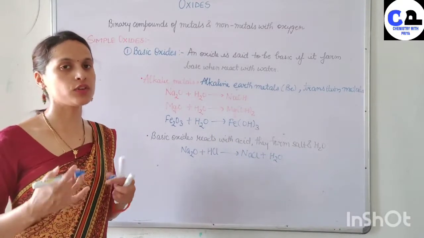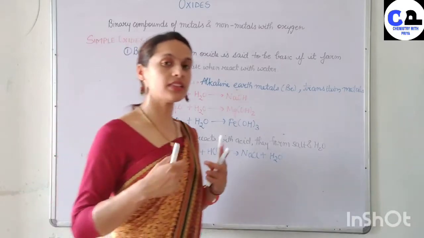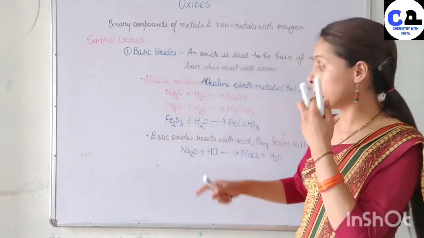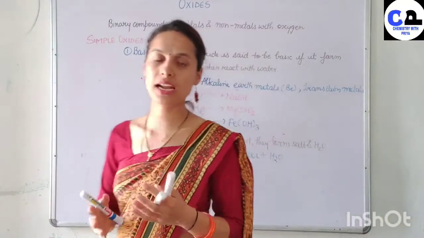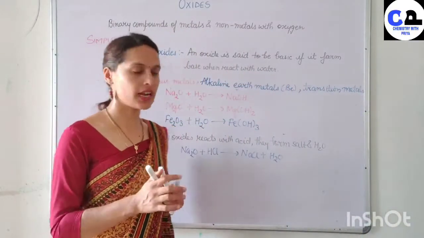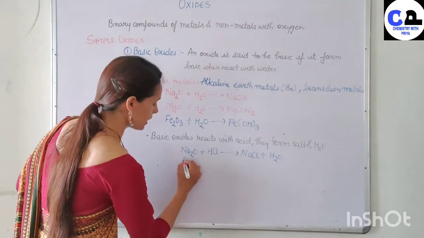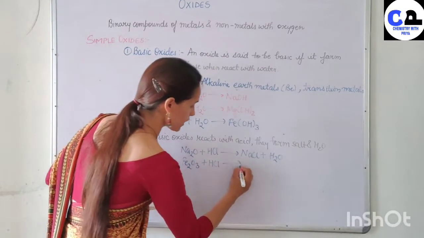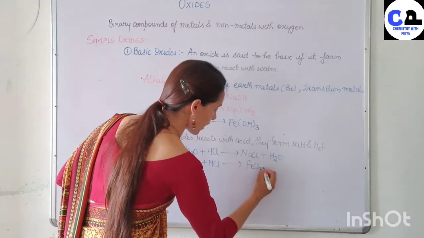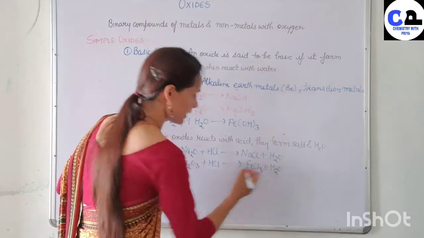So it is a kind of neutralization reaction, but in this reaction, a basic oxide is reacting with the acid, not a base. Similarly, if Fe2O3 reacts with HCl, then we get FeCl3 plus H2O.